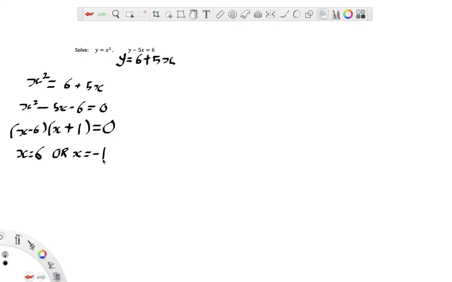Okay, so now I just need to find the corresponding values of y. So when x is equal to 6, and I'm going to use again this equation, I'm going to have y minus 5 times x, well x here is 6, that's 5 times 6, that's equal to 6.